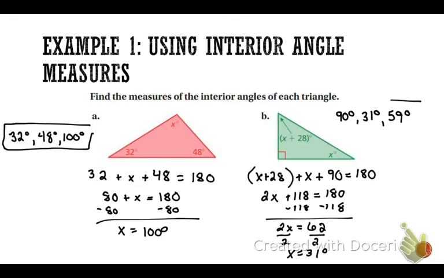What do you think is going to happen when you add all three of these numbers together? It's going to equal 180. Even though I had to do the 31 plus 28 part to get 59, which is the measure of that angle, it's always going to work out that way. So that's an easy way you can check.